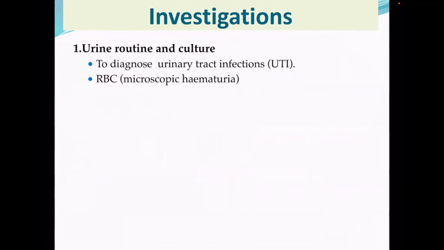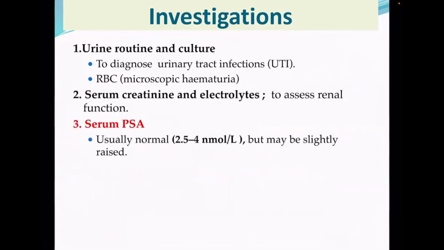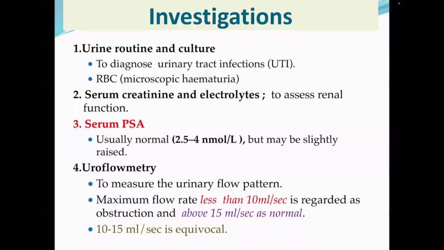In routine and culture, rule out UTI and can see the hematuria. Creatinine electrolytes, these are the renal function tests we always do to evaluate the kidney function. PSA, normally it is within the normal range, 2.5 to 4 nanomole per liter, but maybe slightly increased in BPH.